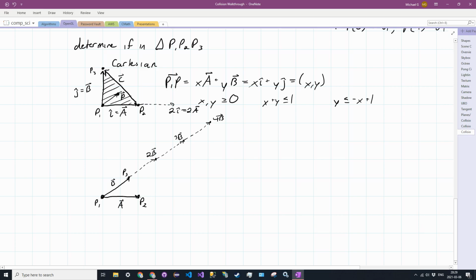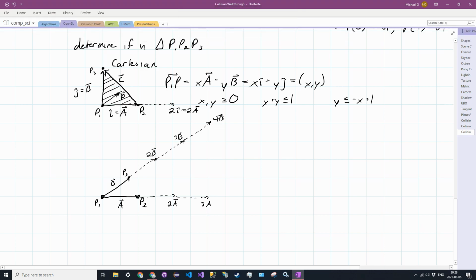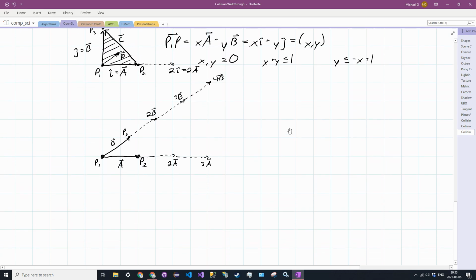And then, once again, we can go over here, 2a, 2b, or 3a, and so on and so forth. So what we're going to do now is define our point P as equal to x1 times a plus x2 times b, which is the exact same equation that we got.